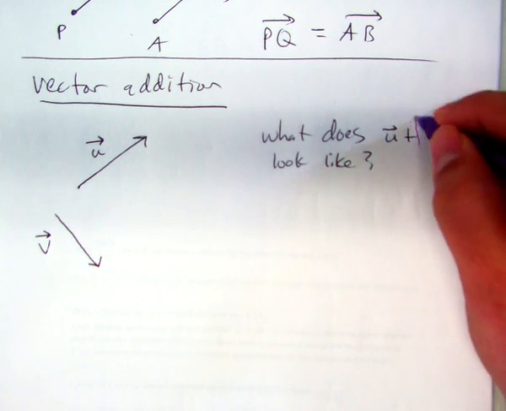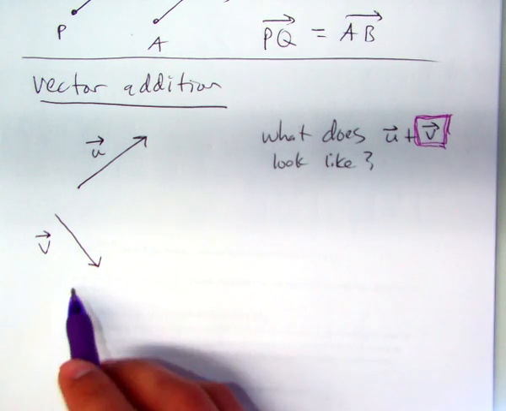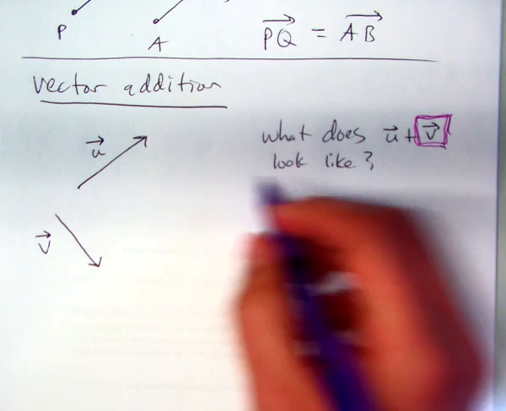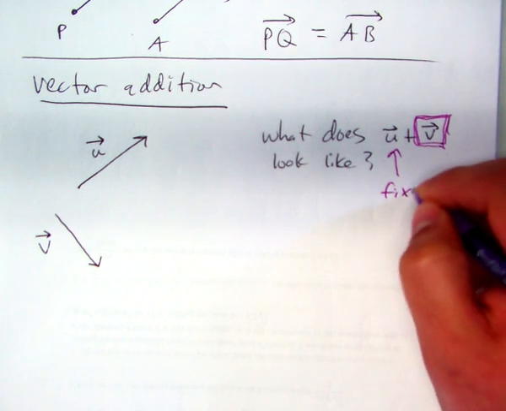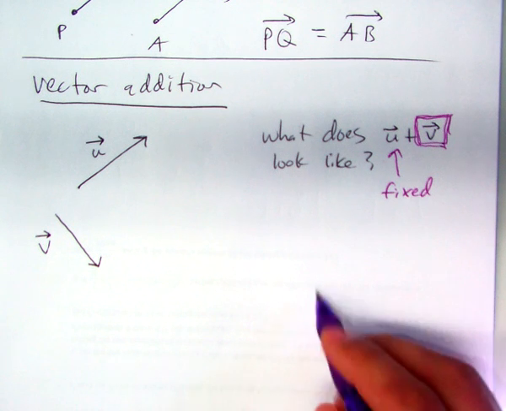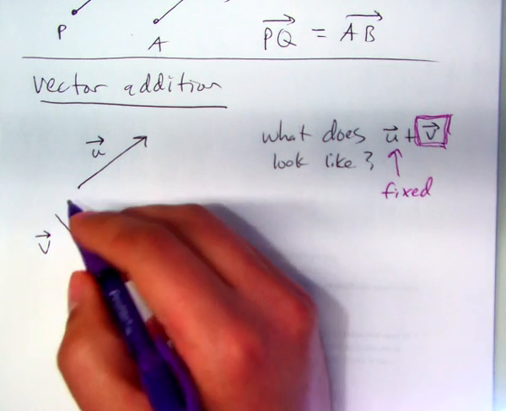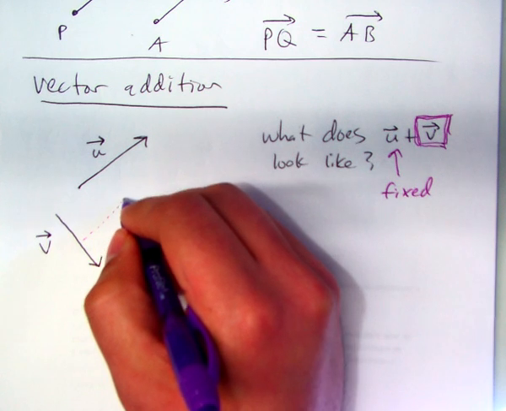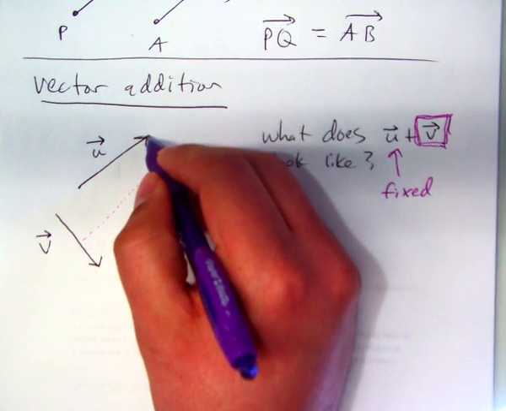Let's talk about this second vector for a second. Okay. We're going to say that U is fixed, so we're not going to touch U. If we want to combine U and V and add them together, what we're going to do is essentially slide this vector V over to where U ends. I think they call this tip to tail.